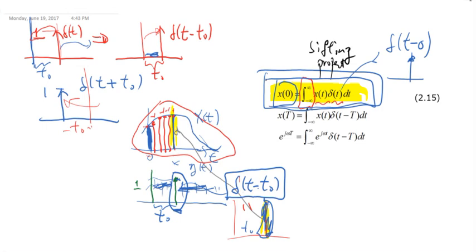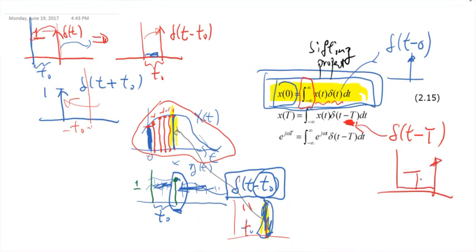Because of that, we can replace this t naught by t, so that it becomes delta t minus t, the function like that, where that is big T. So we will get xt here.